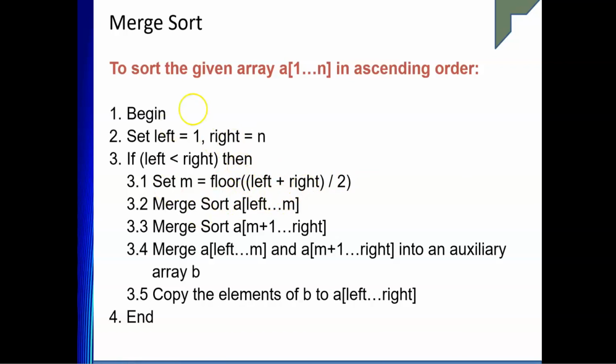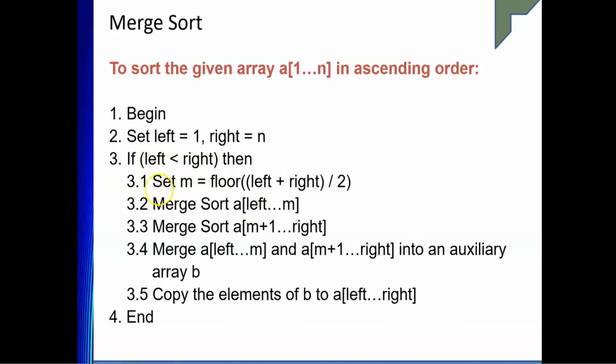Once we have m, we take the subarray from left to m, that is from 1 to the position m, and from m plus 1 to right, because we already took till m. Then again for this array we check whether left is less than right.